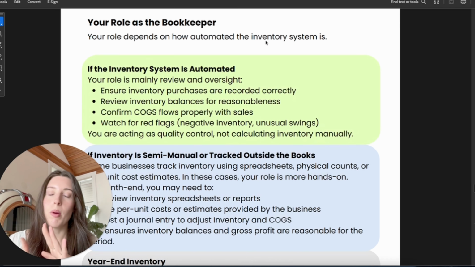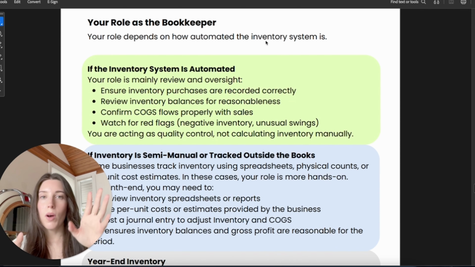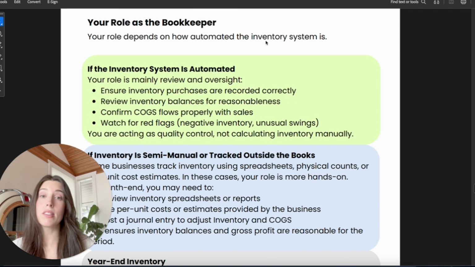Now, this is the part we probably care about the most: what is the bookkeeper's role when it comes to inventory? The answer kind of depends on whether the client has a fully automated system or a semi-automated or manual system.